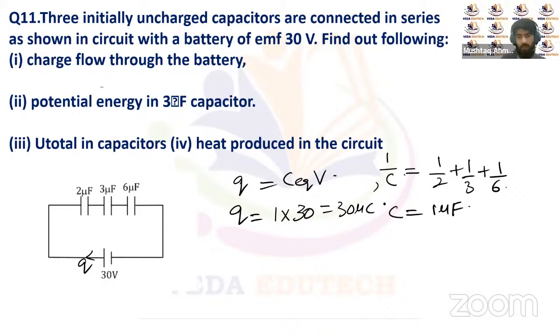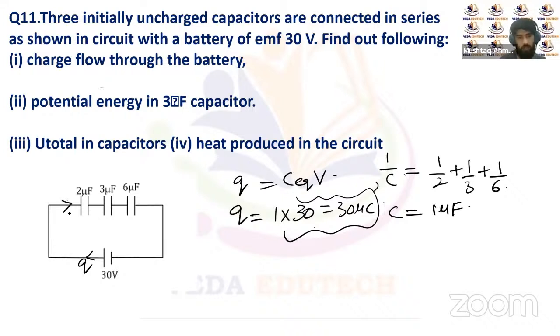This amount of charge will be flown through the battery. 30 microcoulomb is the total charge flown.